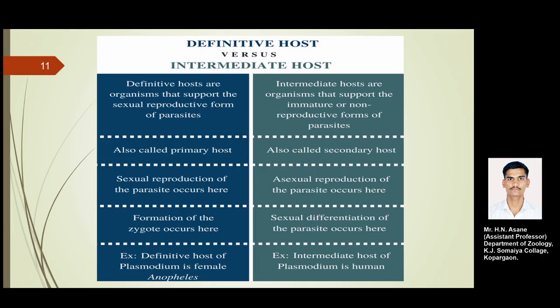The definitive hosts are organisms that support the sexual reproductive forms of the parasites. They support the sexual reproduction of the parasite; the definitive host is the last host. The intermediate hosts are organisms that support the immature or non-reproductive forms of the parasites.